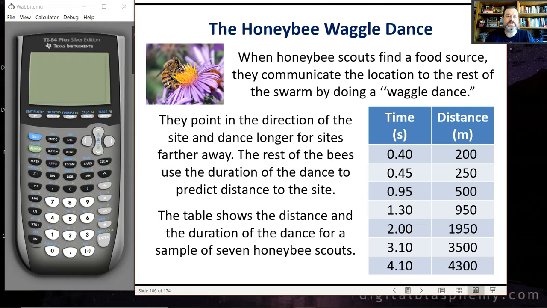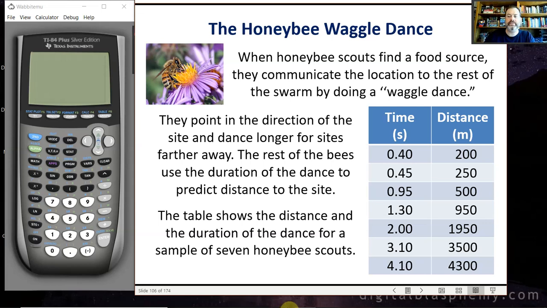The scouts point in the direction of the food, and then they just dance. The other bees can pick up on qualities of the dance, like how long they're dancing and the intensity of the dance. That tells them where to fly to find the food. And then other honeybees go out and gather the food.